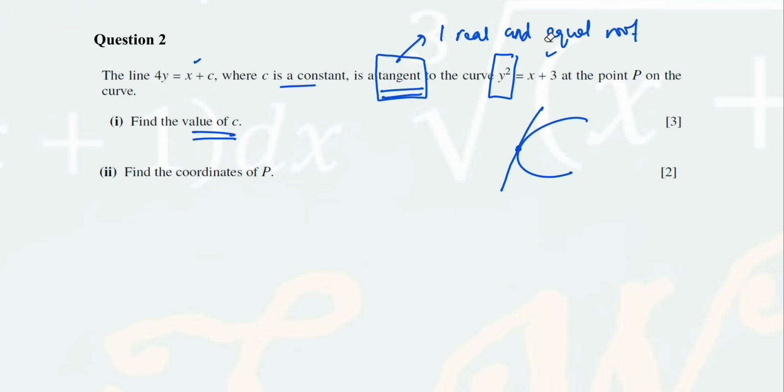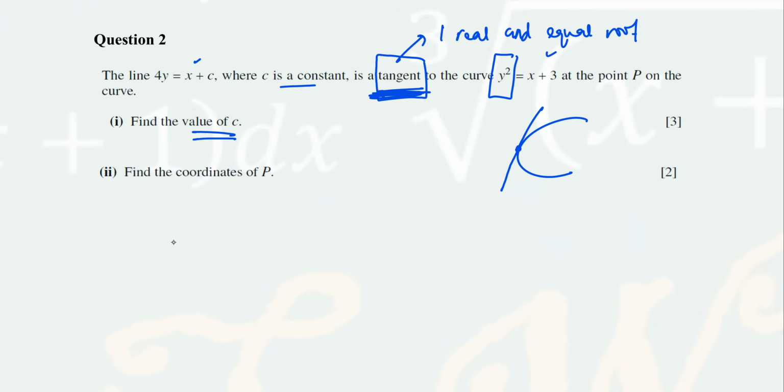That's the meaning of tangent. Another option is you can use differentiation, because for a tangent, the gradient is dy/dx equals 0. But here we are solving using quadratic.